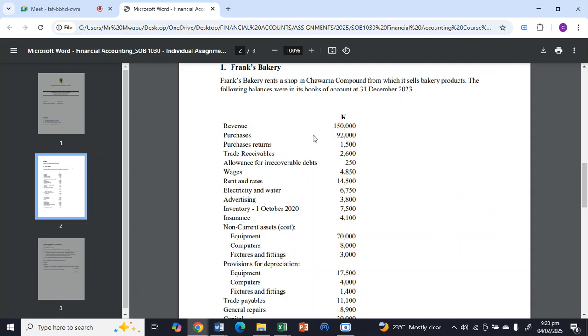Income statement, yes, under the trading account. What about purchases? Yes. Purchase returns? Yes.